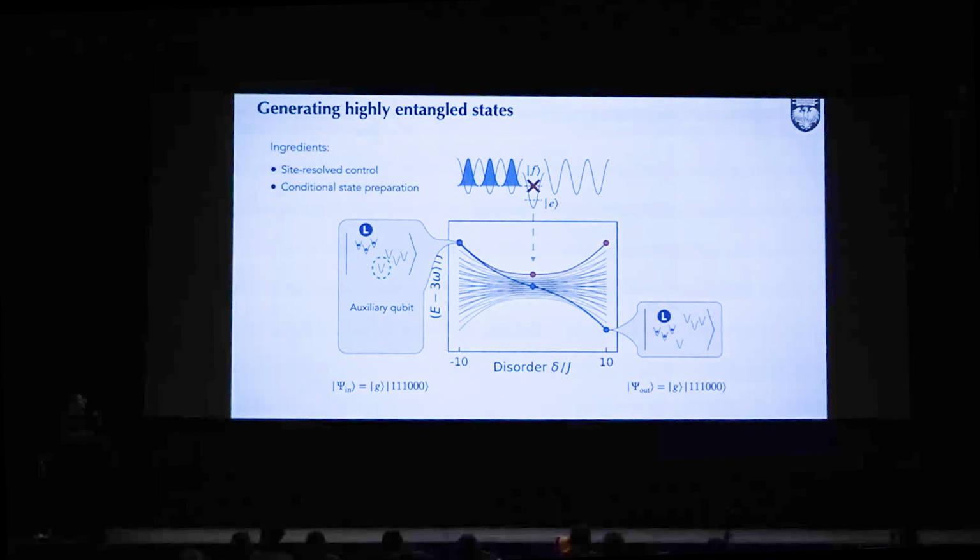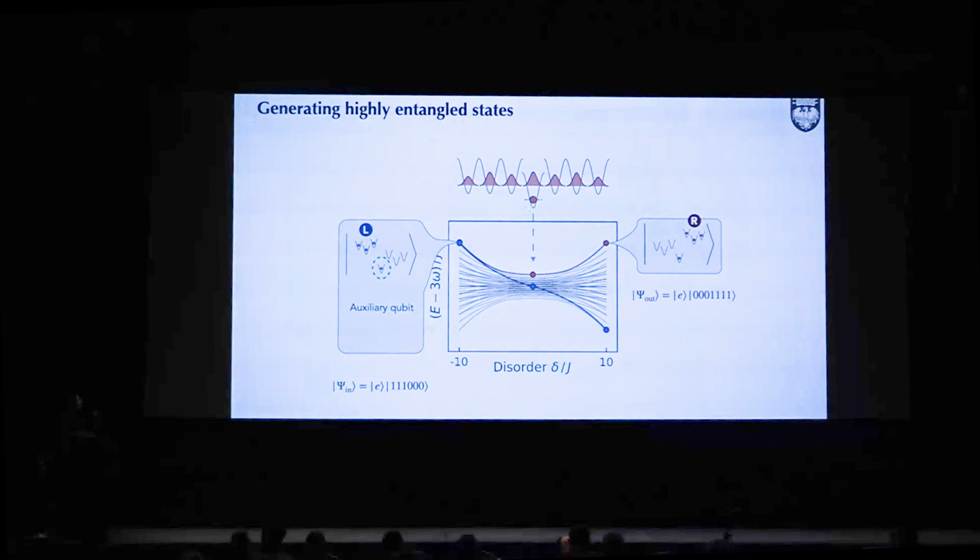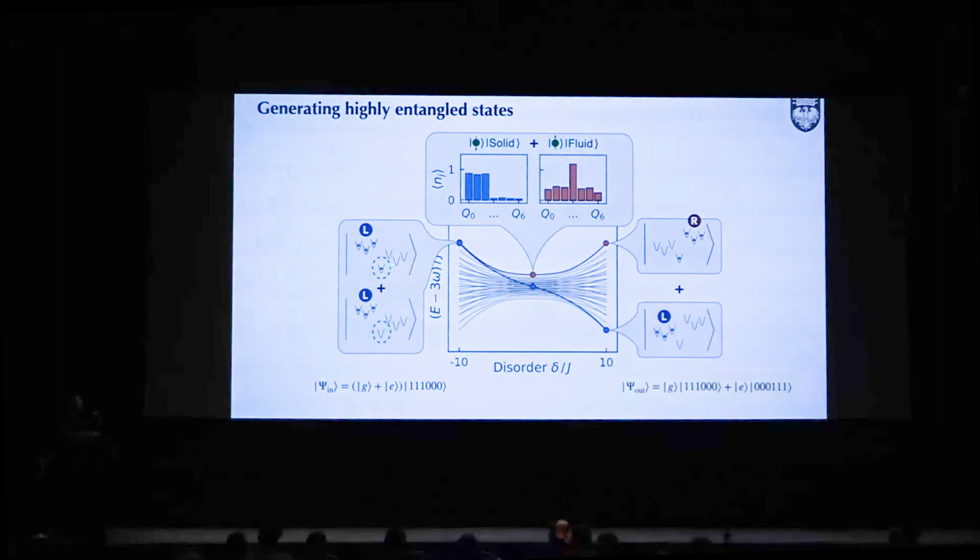But then what happens if our ancilla is occupied? Well, we can see that now the second excited state is available to the lattice. So as we melt the particles, they melt into a fluid, and as we adiabatically come back, we now have all the photons go on the right-hand side. And you probably already found the punchline, which is what happens now if our ancilla is in a superposition of both the ground and the excited state.